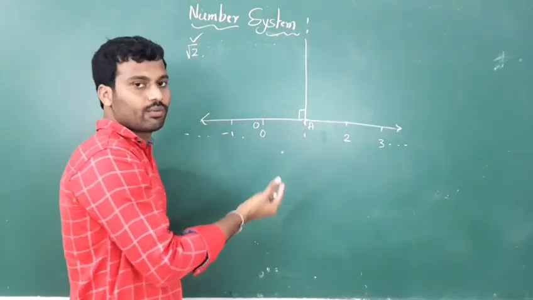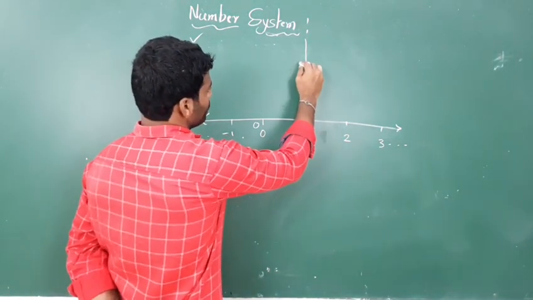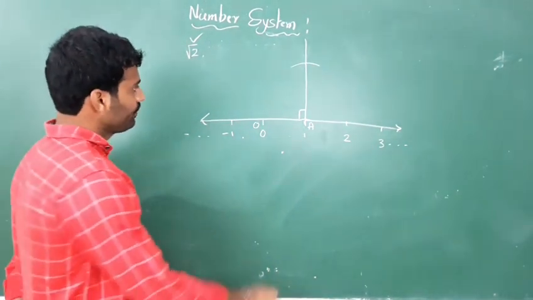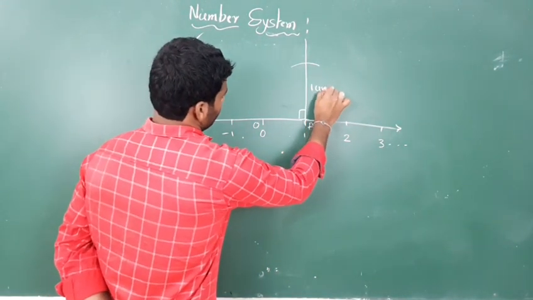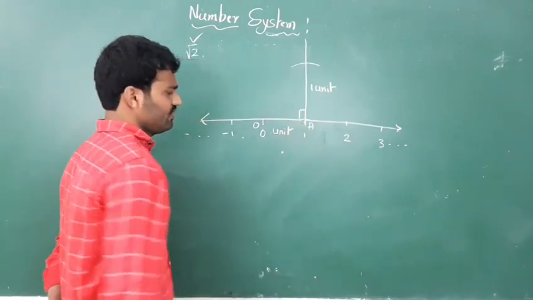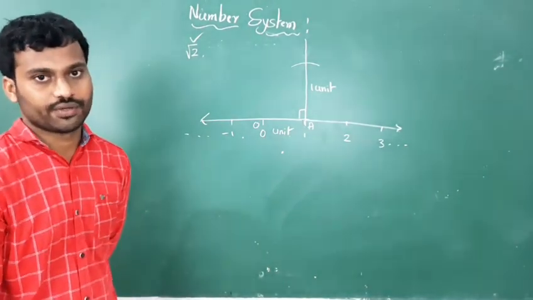If it is 1 centimeter, 1 meter, whatever may be, the same length you put here also to draw an arc. It's also 1 unit only. This is also 1 unit. If it is centimeter, meter, millimeter, anything you can take.